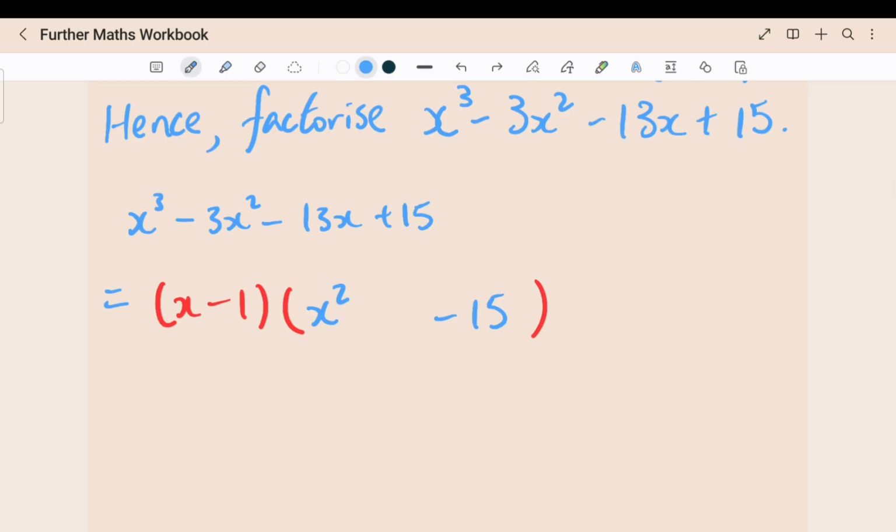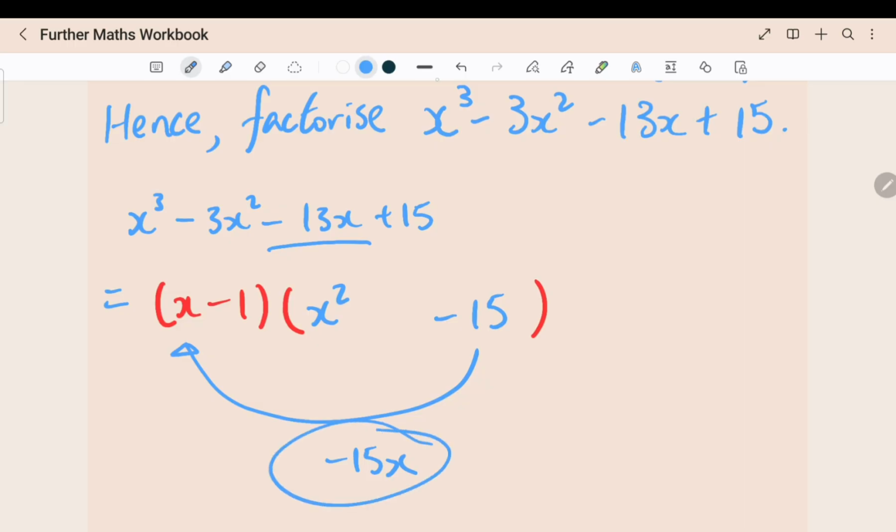So for the x term, I'll have minus 15x by doing this. But I want to get to minus 13x. So I need to plus 2x from this to get to minus 13x. Which means if I do minus 2x here, I will get plus 2x because of 2 minuses being a positive. Therefore, this will give me minus 13x, and this will be a correct factorization.